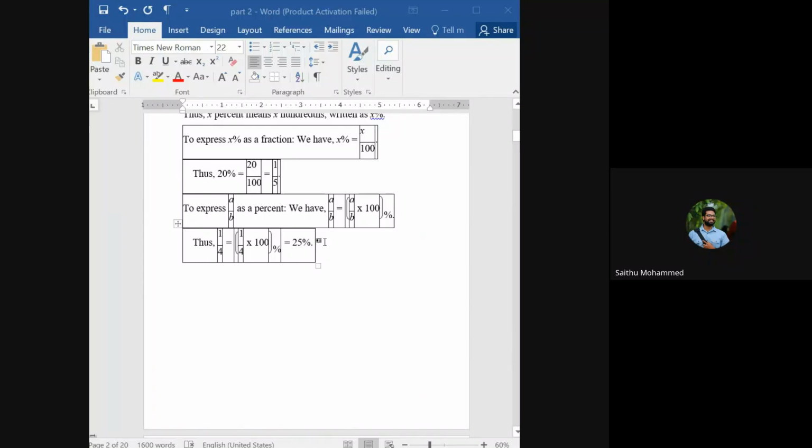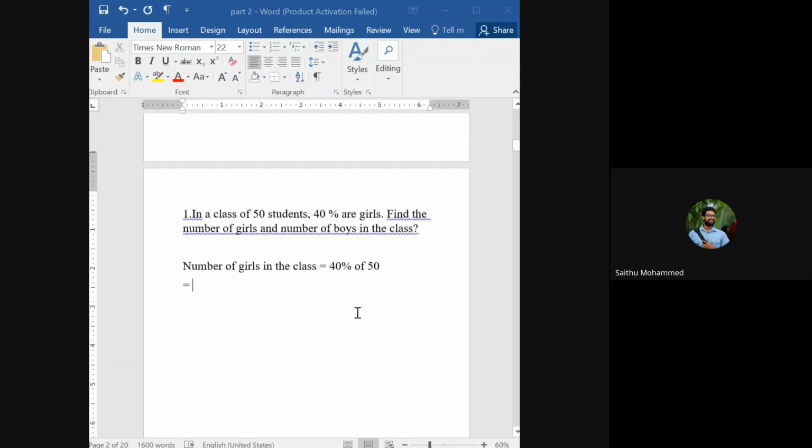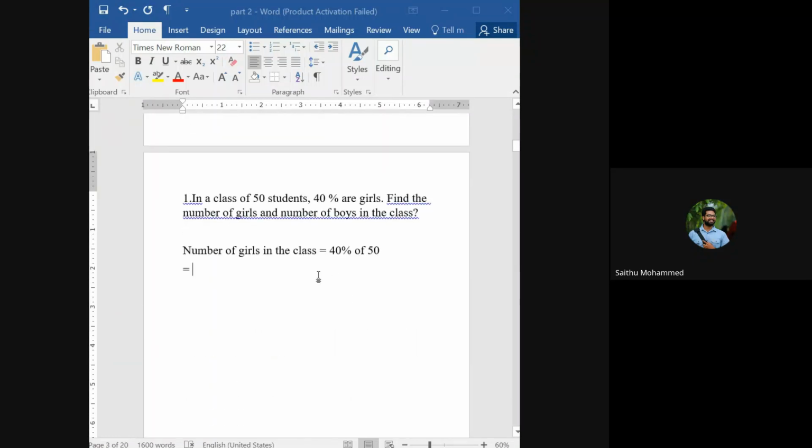Whenever you are getting a percentage, you can simply put it this way: 20% equals 20 by 100. So 40% of 50 means 40 by 100 into 50. If you multiply 40 into 50, we know that it is 2000 divided by 100.